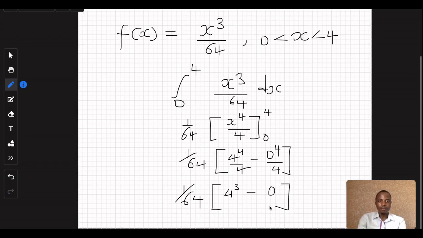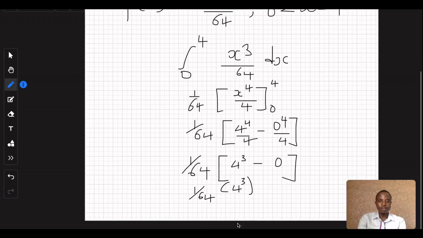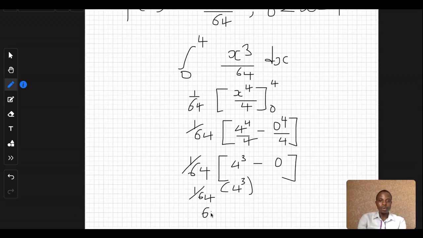That is 1 over 64 multiplied by 4 cubed, and 4 cubed gives us 64, so 64 divides 64 and we get 1.